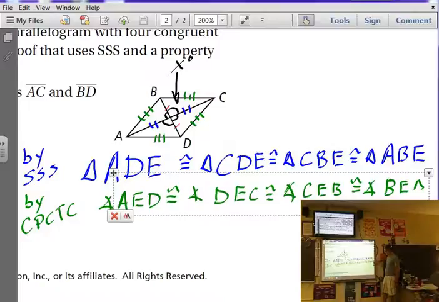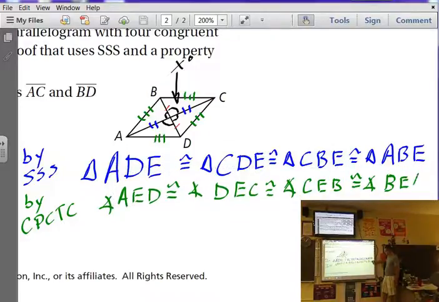Really those are all just angle E's, but that's the problem: I can't just say angle E because I don't know where I'm talking about then. So we know these are all congruent.